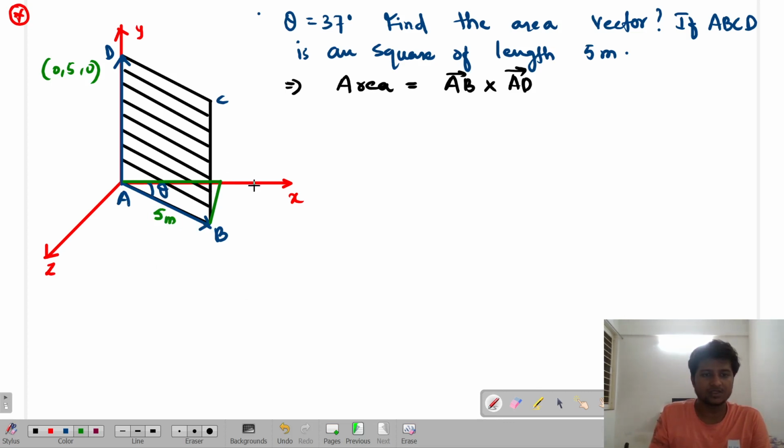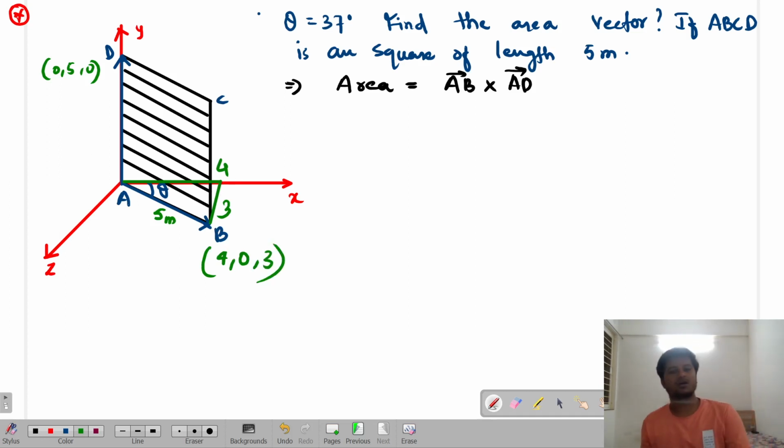This is the hypotenuse, this will be the base, and this will be the perpendicular. So this is 4 meters, and this is going to be 3 meters because this is 5 and this is 37. Therefore the coordinate of B is what? 4 meters along X. On the Y axis it is 0 because this triangle is in the XZ plane. So 4 comma 0 comma 3. Are you able to get me?